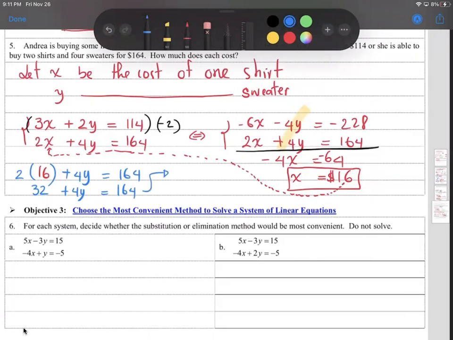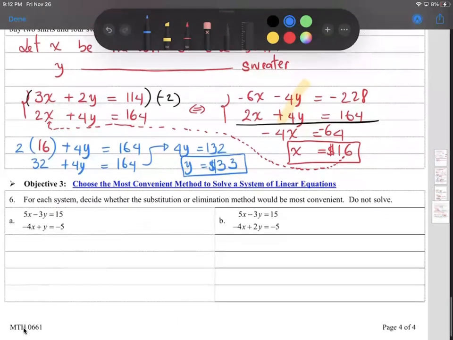Subtract 32, so 4y equals 132. Divide both sides by 4: y equals 33. So one sweater costs her $33.